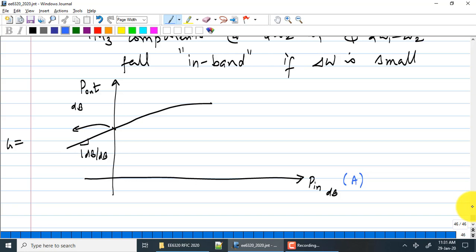We have drawn this curve already a couple of classes before. What I did was plot P out versus P in. The slope of that was 1 dB per dB, because the output voltage was the voltage gain A times the input voltage. The output power was related to A squared times the input power.